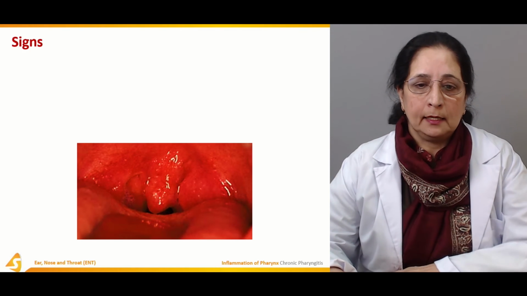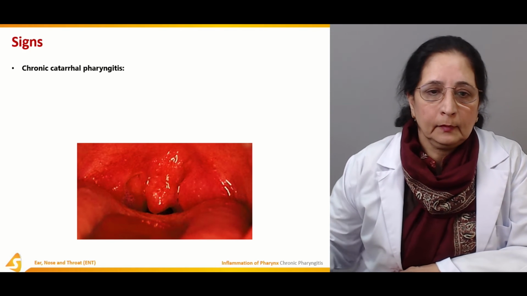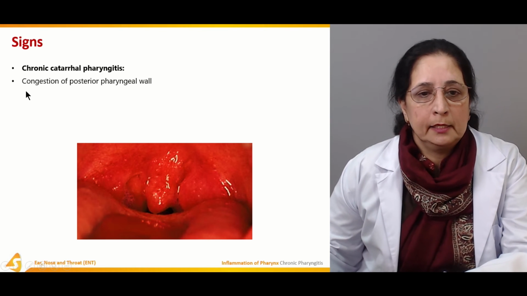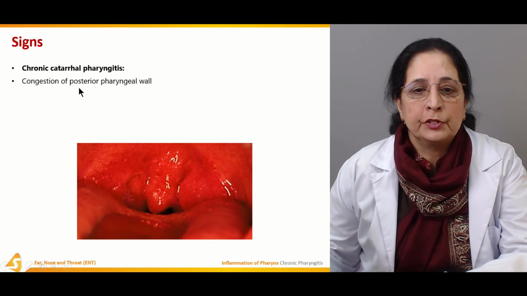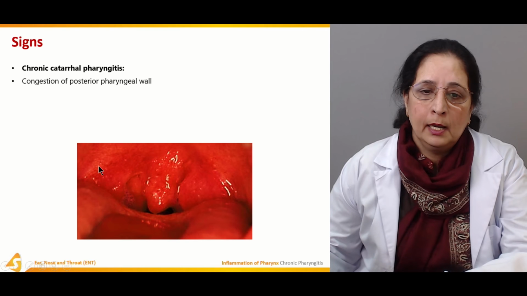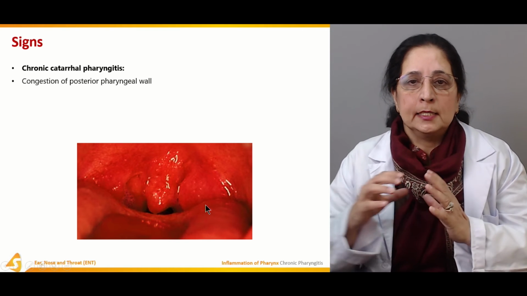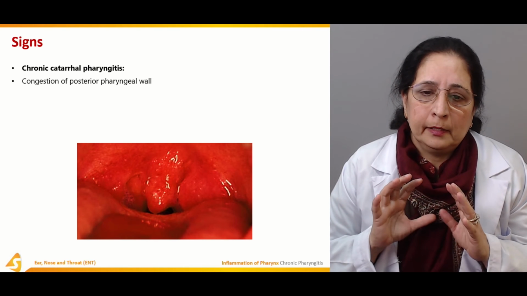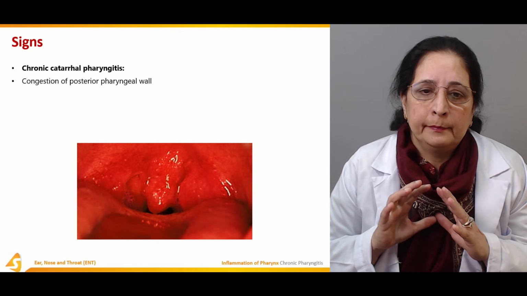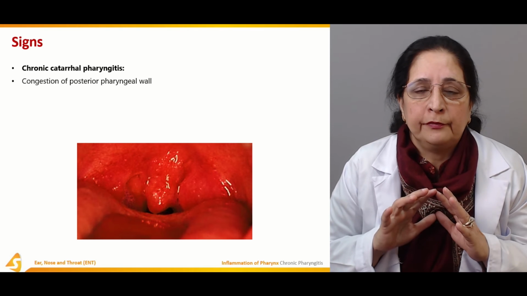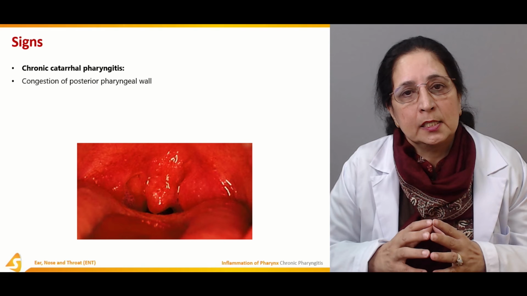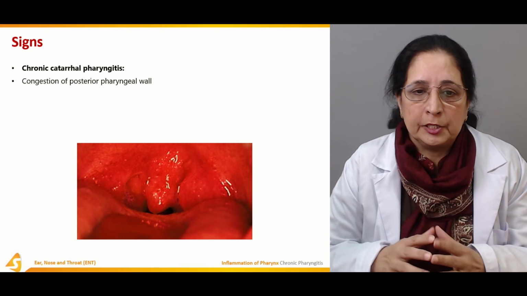Some signs of chronic catarrhal pharyngitis: there is congestion of the posterior pharyngeal wall. Catarrhal pharyngitis is a congested, very red, swollen back of the throat, the posterior pharyngeal wall. On examination, that is characteristic of catarrhal pharyngitis.